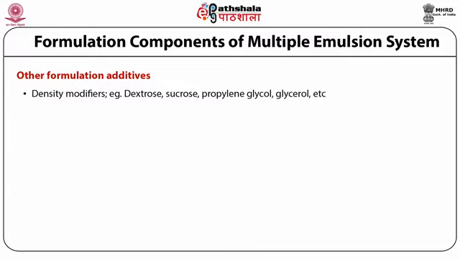These density modifiers are generally added in the internal phase in order to maintain the tonicity and osmotic pressure of the internal and the external aqueous phase, and they generally enhance the stability of multiple emulsion systems. Humectants are generally used in topical multiple emulsion systems, and their main purpose is to maintain the moisture balance of the skin. Examples are glycerol, polyethylene glycol, and propylene glycol.